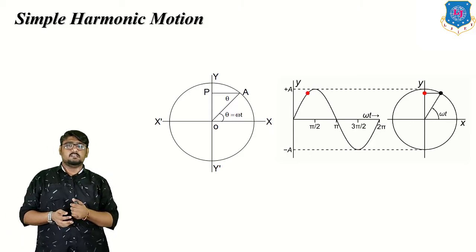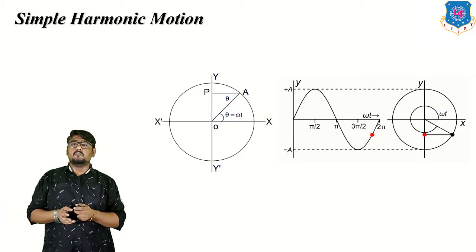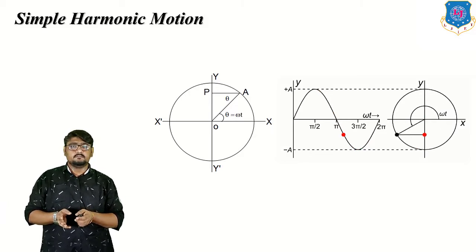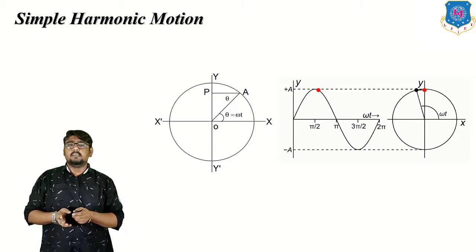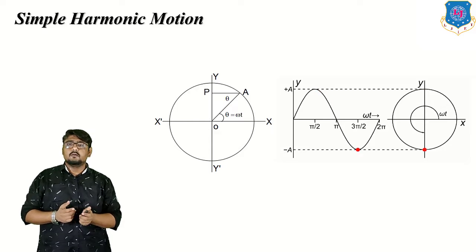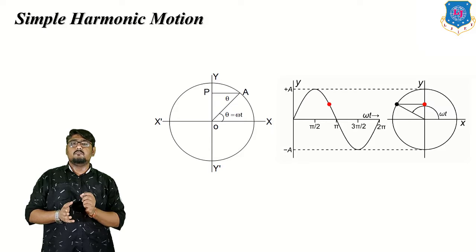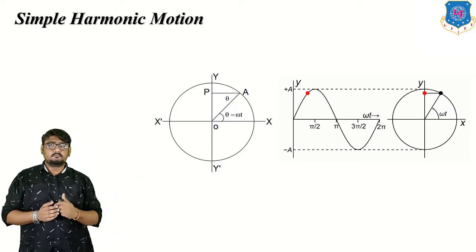You can see it clearly over here. Draw a perpendicular from the point P on y dash, and let N be the projection of point P. The circle is known as the reference circle and the particle P is known as the reference particle. Now when the particle is at x, the projection is at O. When the particle moves from x to y, the projection moves from O to y dash, as you can see in the figure.